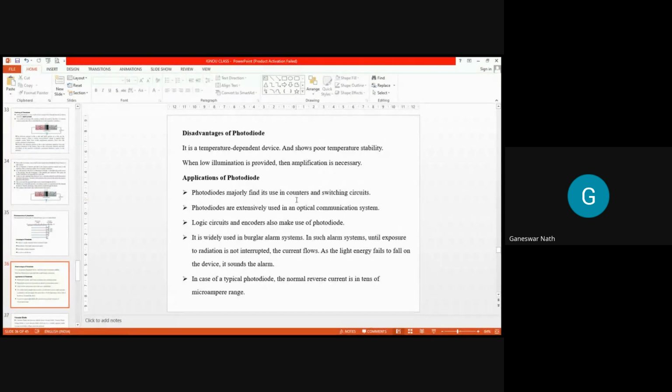So they can be used as counting devices, switching devices, and extensively used in optical communication systems. Then for making logic circuits for electronics. Then they also have application in the designing of different spacecraft, also for power absorption. So these are some of the applications here.